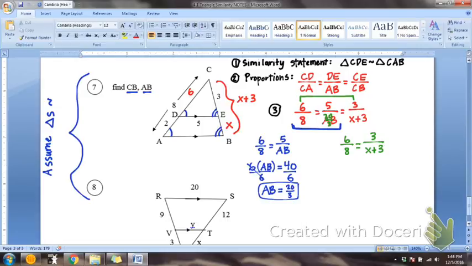Okay? Go ahead and cross multiply this. We're going to need x to be 1, not 5.